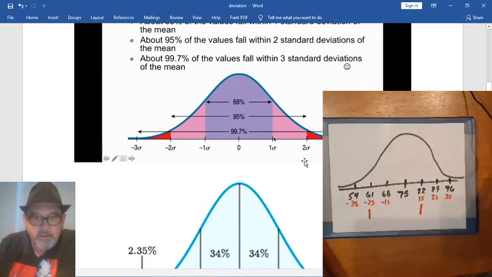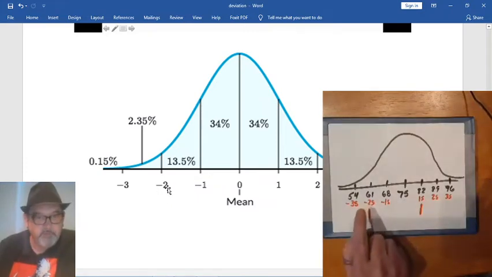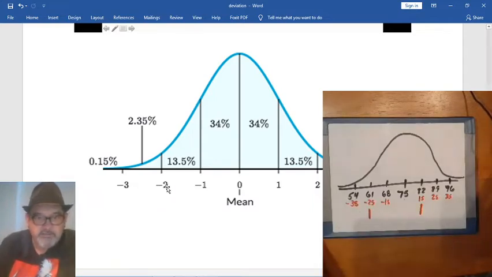Well, guys, the best way to answer this question is to go back and refer to our chart right here. They're asking us the second standard deviation below here at 61. How many percentage points is it to the first standard deviation here, which is plus 1?